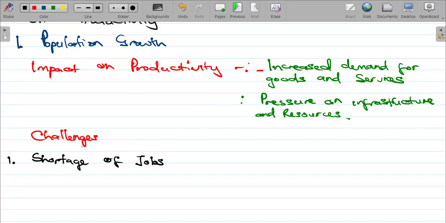Meaning to say that there will be increased competition for resources, since companies or businesses will want to maximize their profit by producing at a higher rate.